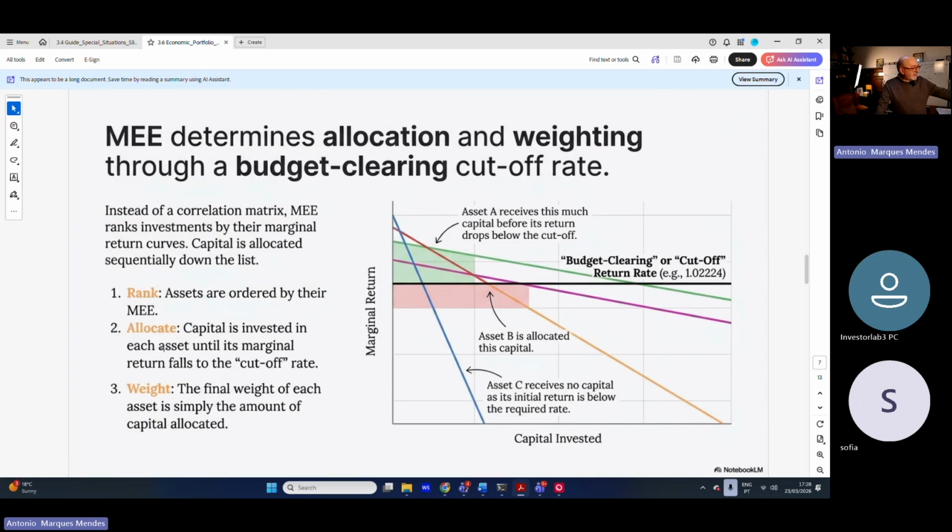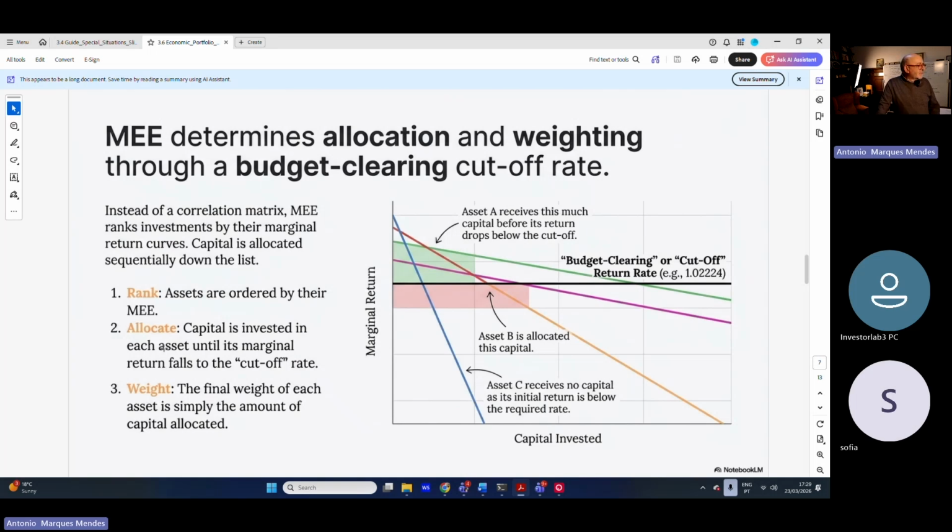We have here a number of stocks listed with their respective MEE curves, and the solution for allocation for these stocks is, of course, based on one thing, and that thing is the investor budget. So we will invest as much in each company as our budget allows.